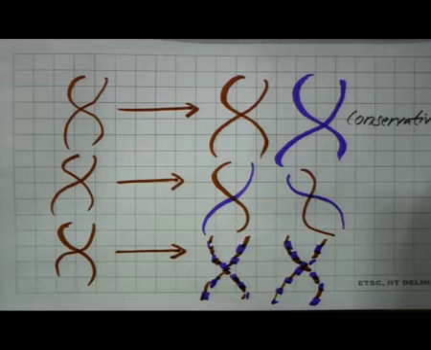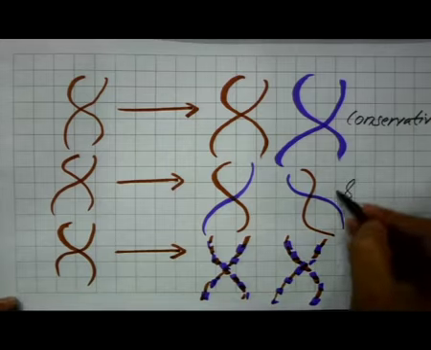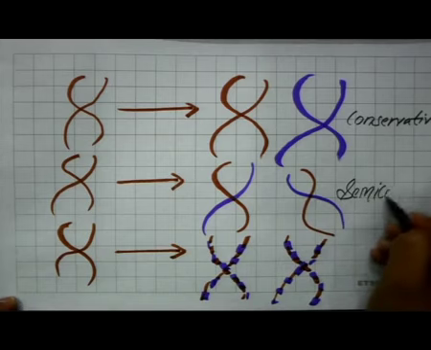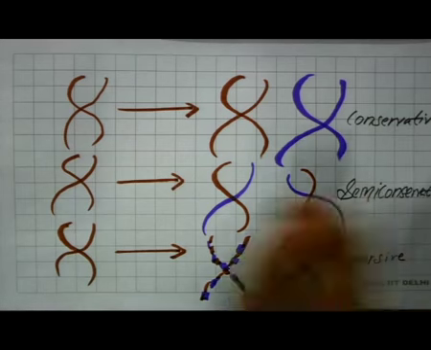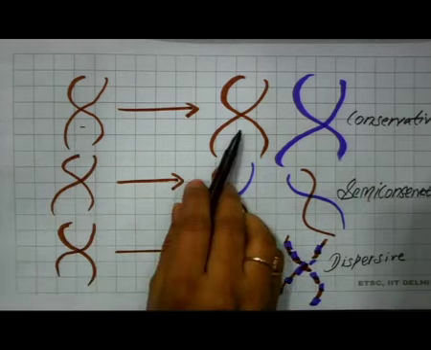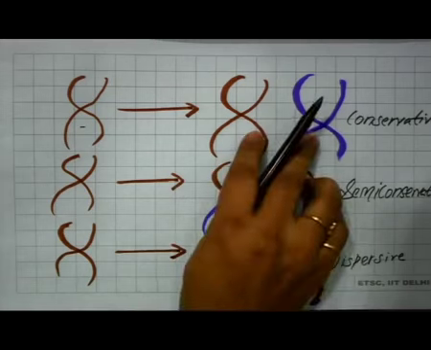So, these are the three different models proposed by scientists: conservative, semi-conservative and dispersive. In case of conservative, the parental DNA will be copied as such to make two daughter DNA.